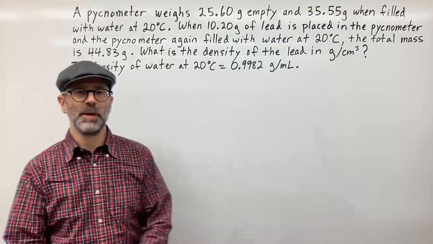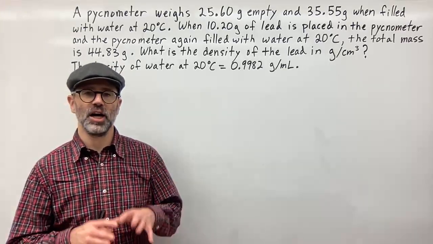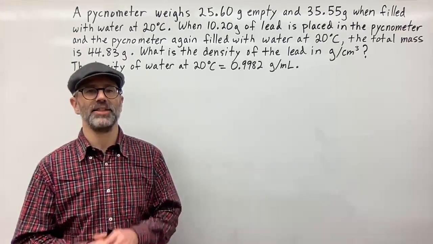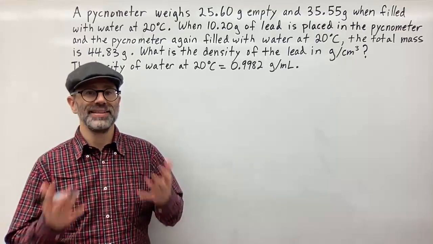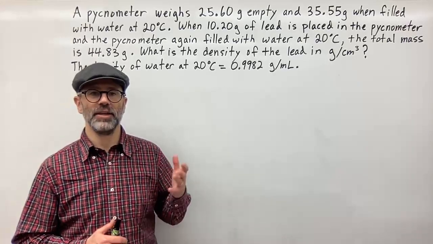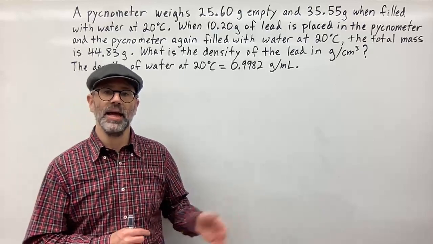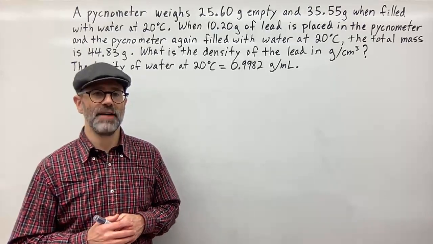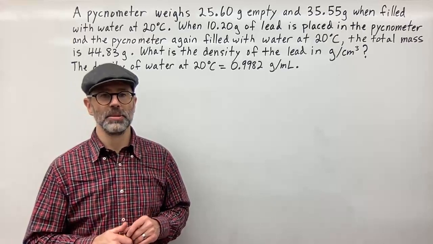In this problem you're given a pycnometer, which is a vessel or device that's used to find the density of liquids. In this pycnometer, we're given that it weighs 25.60 grams when it's empty and 35.55 grams when it is filled with water at 20 degrees Celsius.